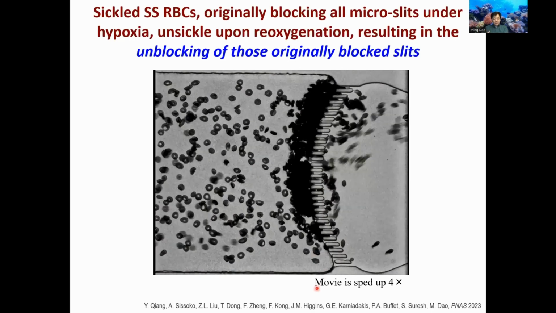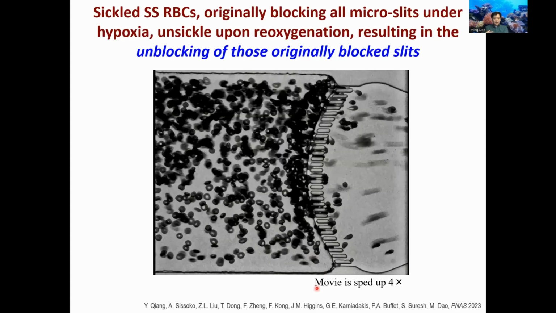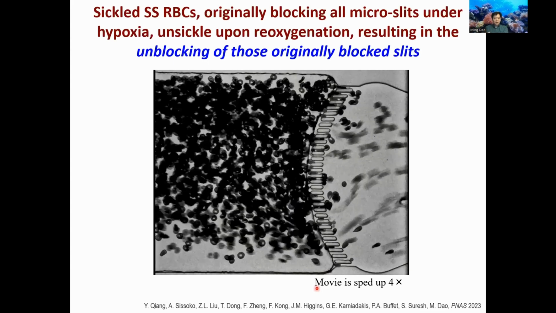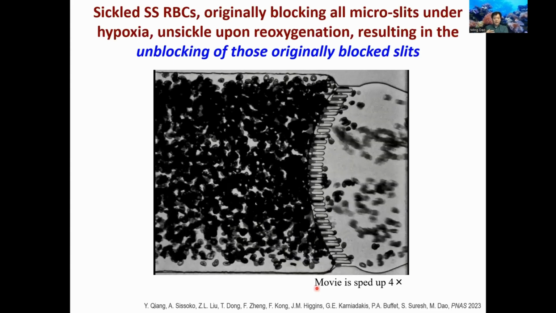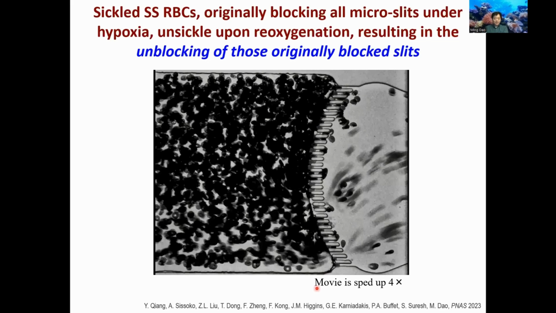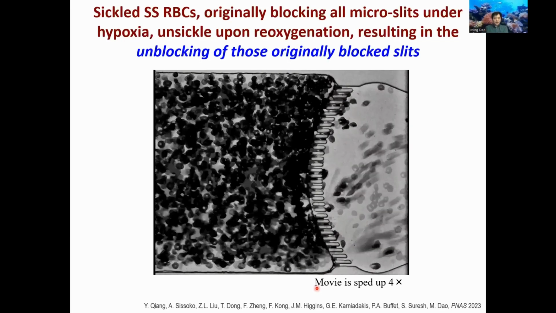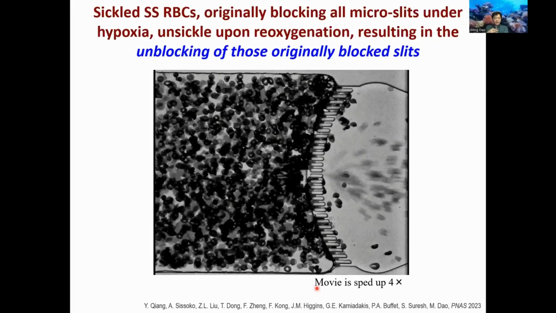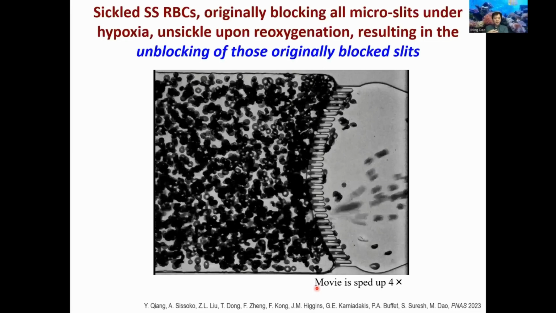When you put oxygen back, it will unsickle these sickled cells and unblock a lot of these blocked slits, and flow can start again. So this somehow mimics what's happening in actual medical practice.